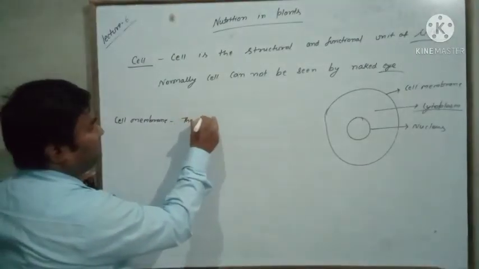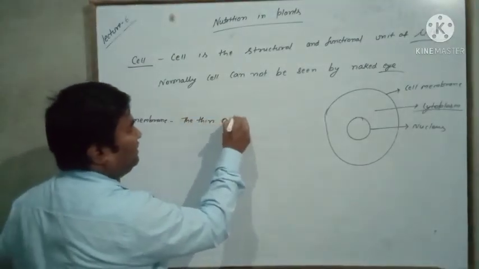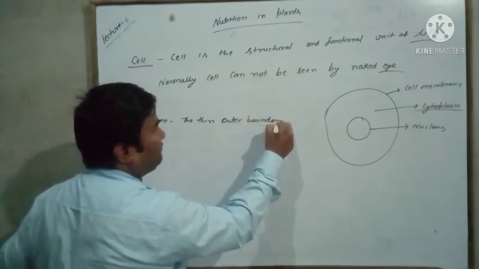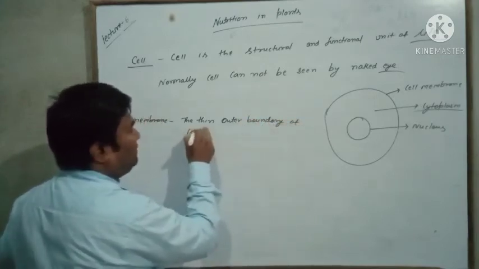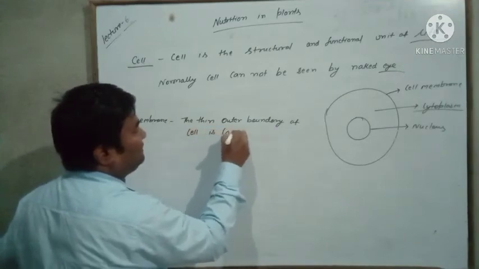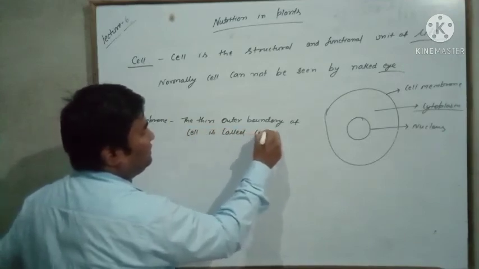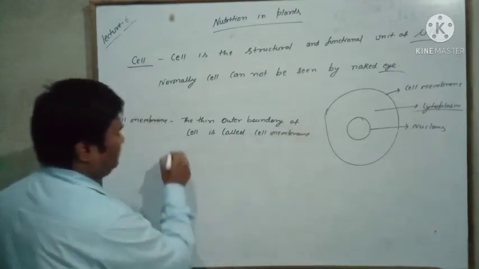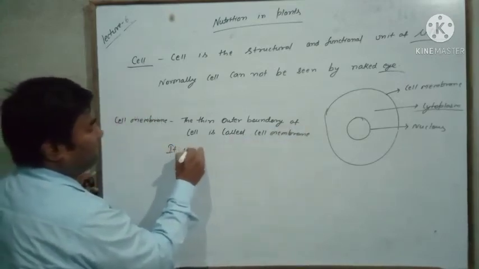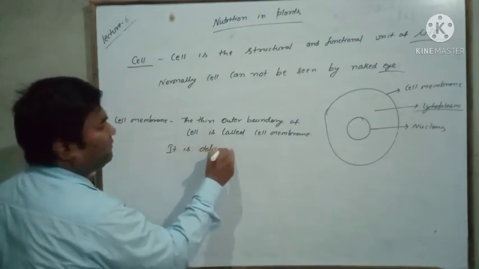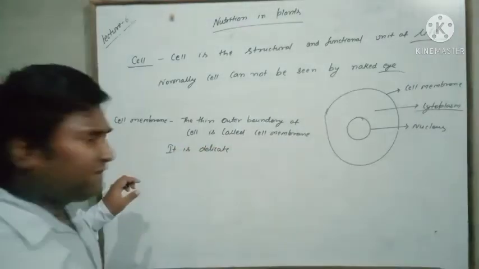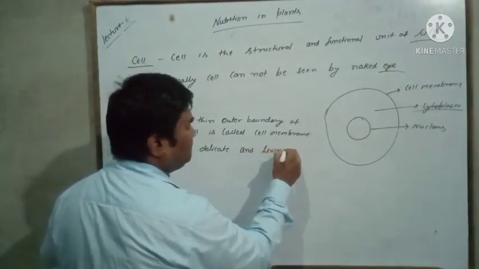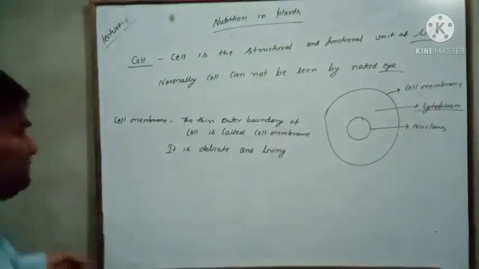The thin outer boundary of cell is called cell membrane. It is delicate, बहुत नाजुक होता है, it is delicate and living. सेल की बात कर रहे हैं, जिंदा है.